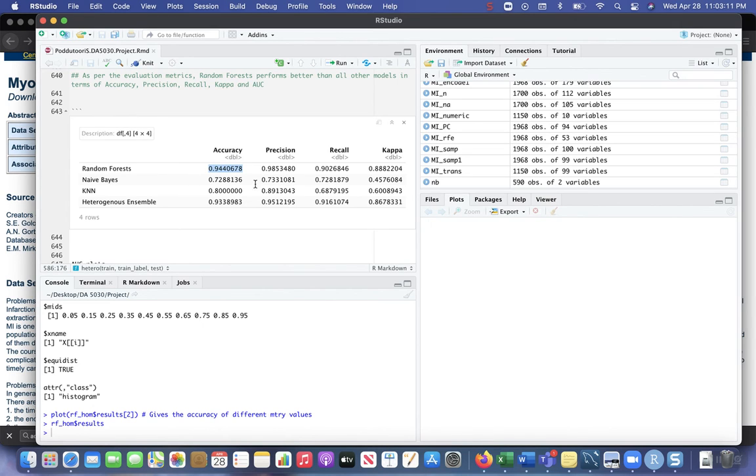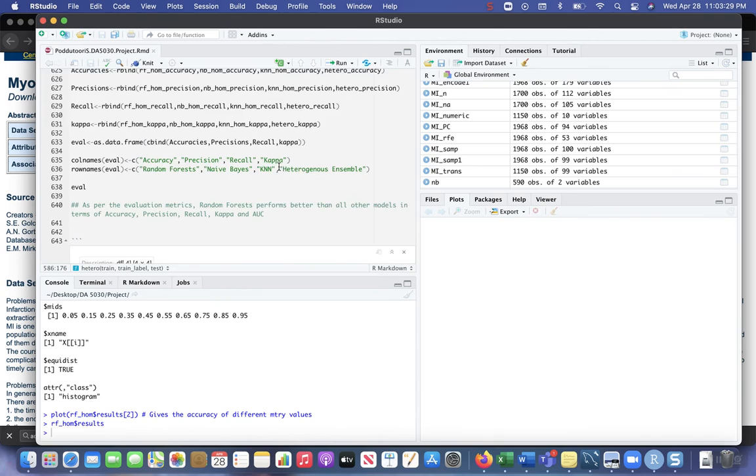The accuracy of random forest was 94% and the heterogeneous ensemble was only giving 93. And even in terms of precision and recall values, the random forest, homogeneous random forest ensemble model, was better.